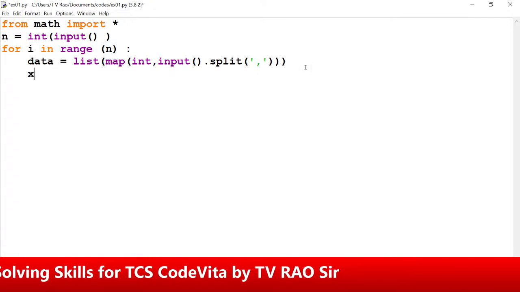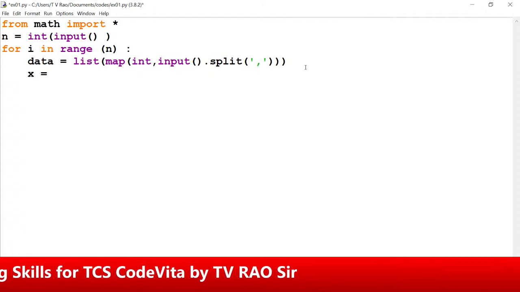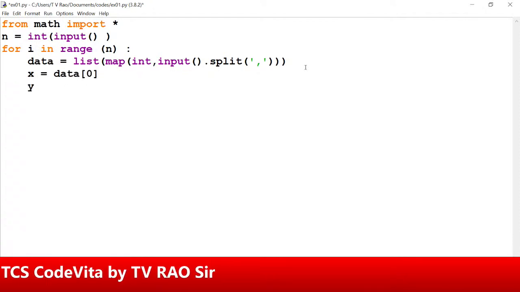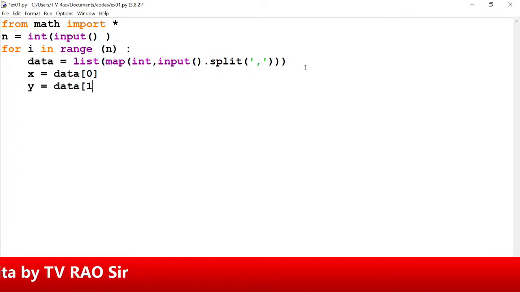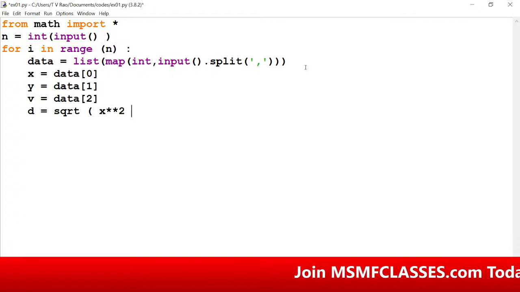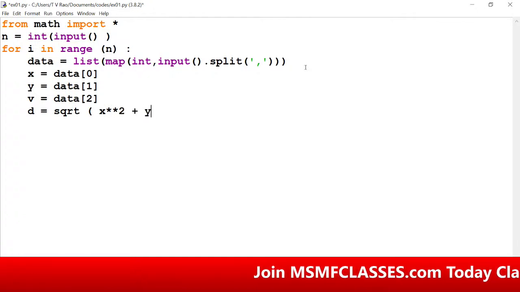Now x coordinate is data 0, y coordinate is data 1, velocity is data 2. Now distance is equal to square root of x square plus y square, because the other point is the origin.